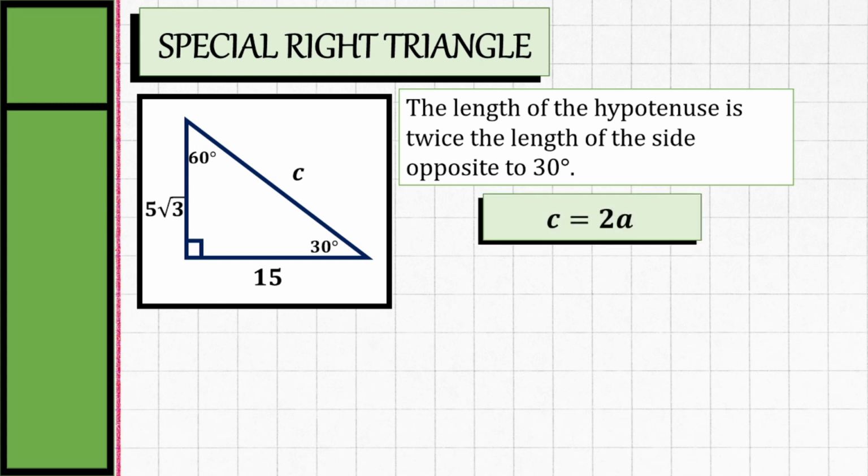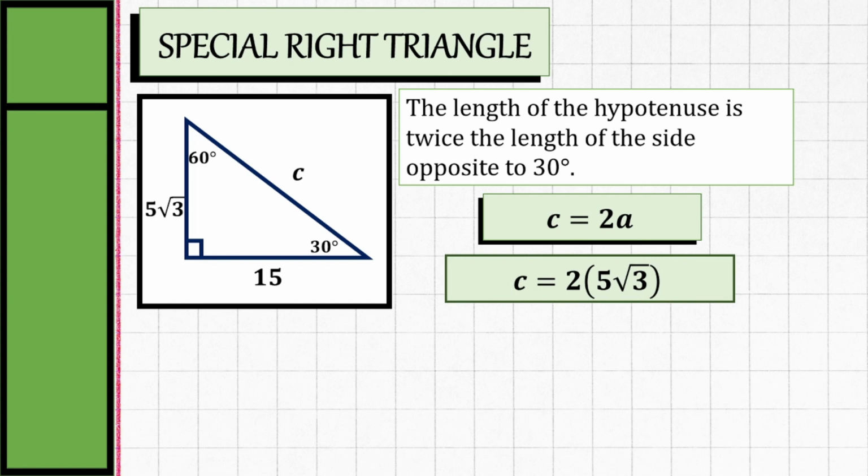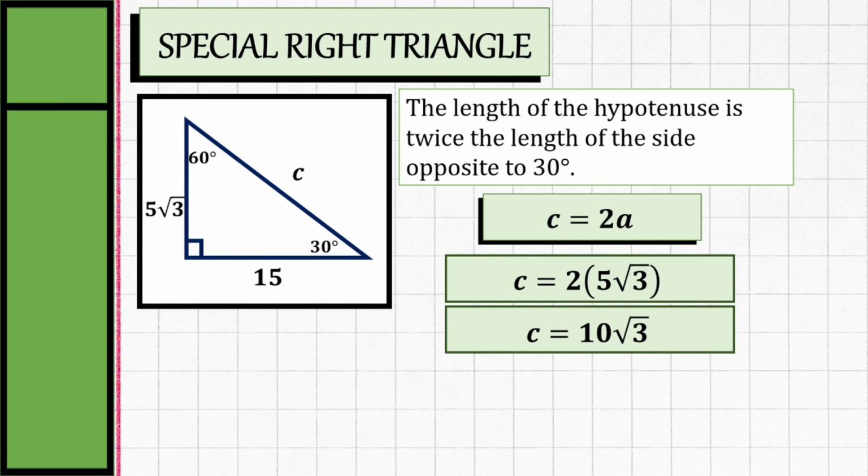C is equal to 2a, wherein C, the hypotenuse, is equal to twice the length of our shortest side. So let's substitute the value of A, which is 5 square root of 3. So C is equal to 2 times 5 square root of 3. Let's multiply. So 2 times 5, that is 10. Therefore, our hypotenuse is equal to 10 square root of 3.